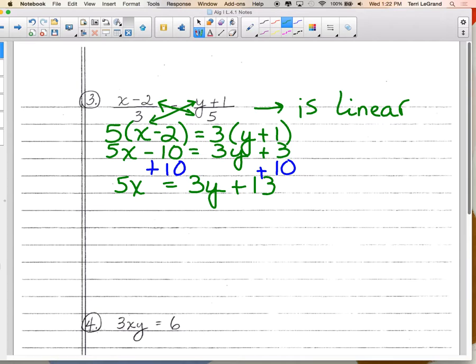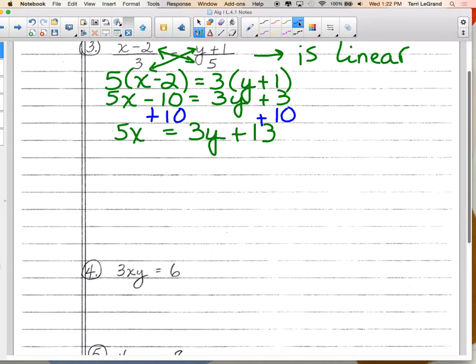Okay. What would our next move be? Subtract 3y from both sides. Get those y's over with the x's. Because standard form says they want to be together on the same side.